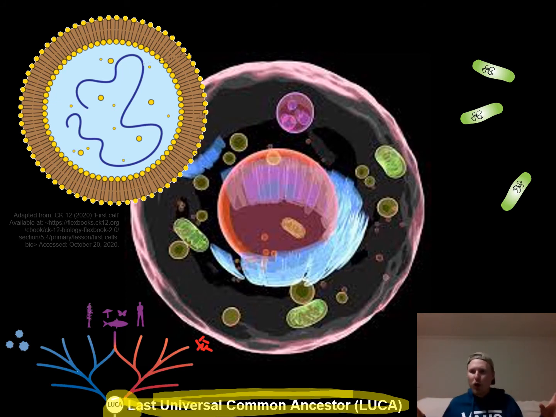This was huge because they provided food for themselves. And this caused a bit of a disaster as oxygen started to build up in the atmosphere, and this oxygen was at the time poisonous to most early cells. After all, they had evolved in its absence, so they died out and only very few survived.